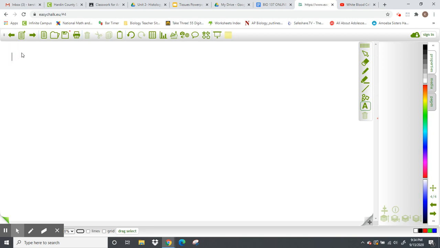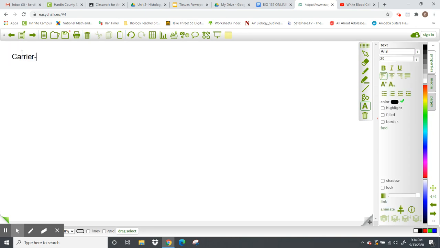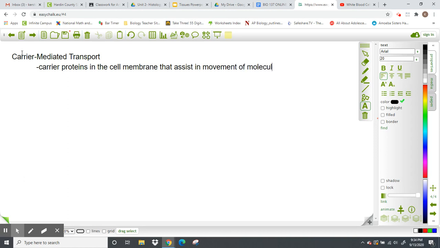One of those is what we call carrier-mediated transport. Essentially what this means is that there are carrier proteins in the cell membrane that are going to assist in the movement of molecules, including water.